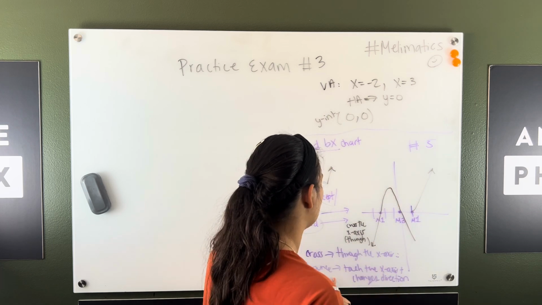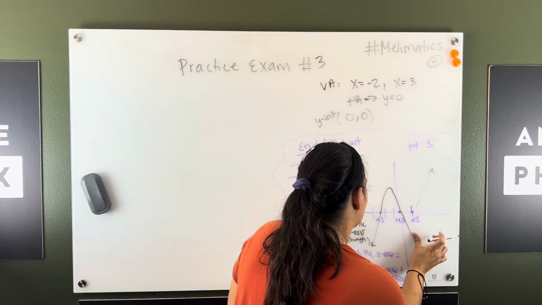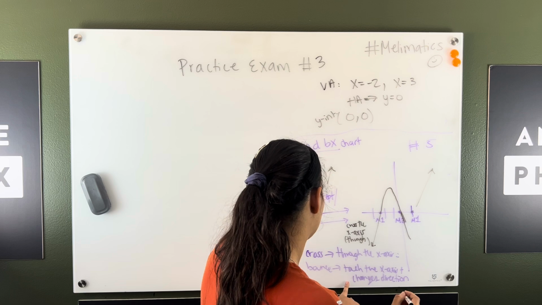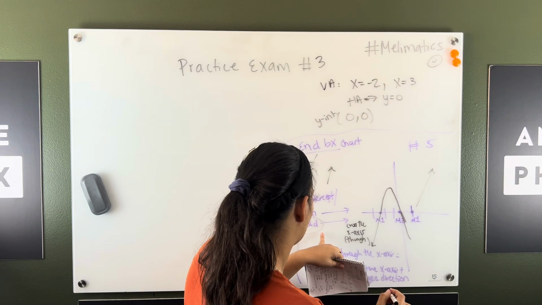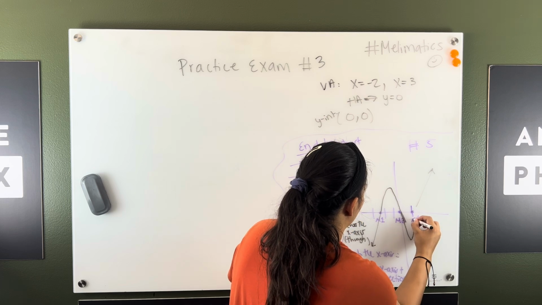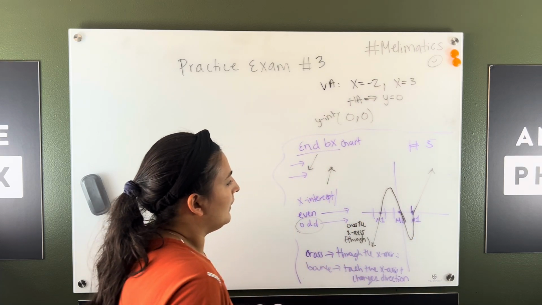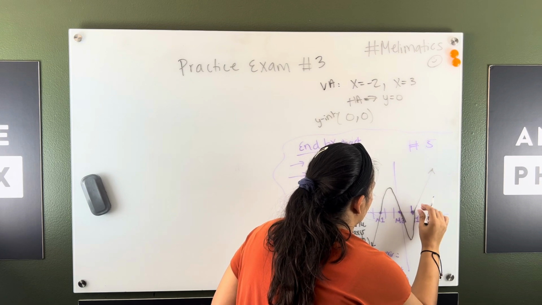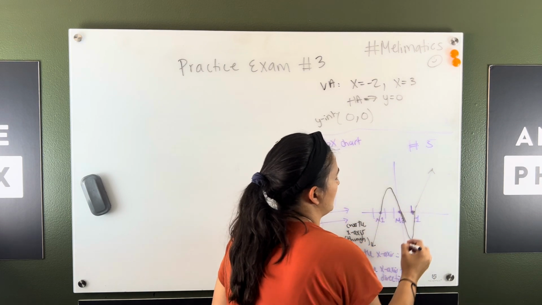And then maybe I made this one too close. And then over here, again, multiplicity of 1, that's odd. It's going to have to cross the x-axis. So in order to do that, it'll have to change direction and go through, okay? If it bounced, it wouldn't be allowed to go through the x-axis. It would just touch it.